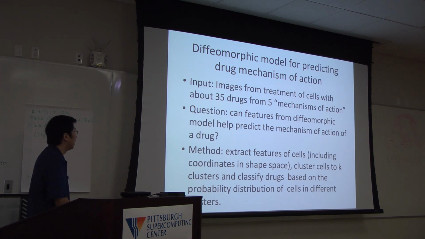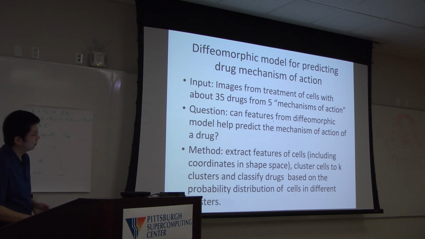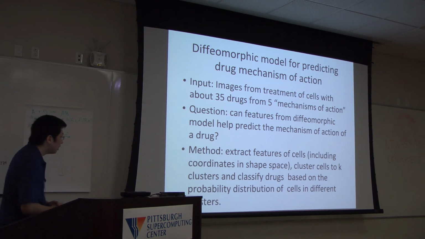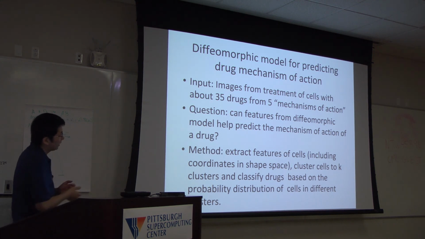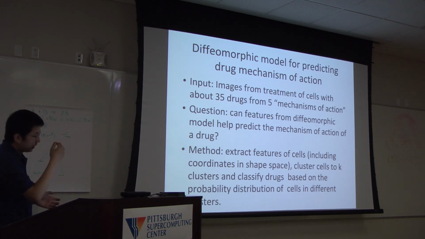So our question is, could we use the features from the diffeomorphic model to help the prediction of the mechanisms of the drugs? The basic method is to extract features of the cells. For the diffeomorphic model, we use the coordinates in the shape space, and then we cluster cells into K clusters, and compute the probability density of cells in each cluster for each drug.